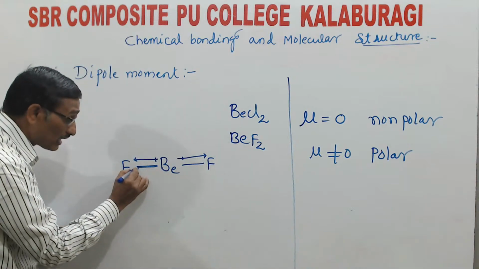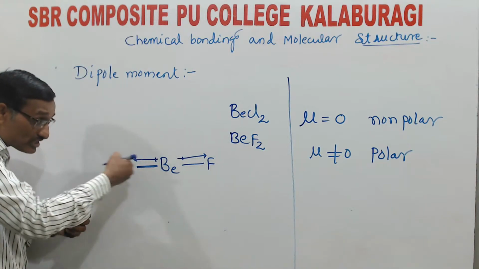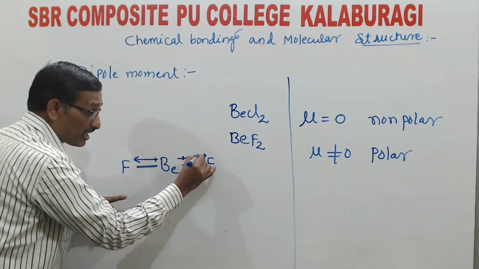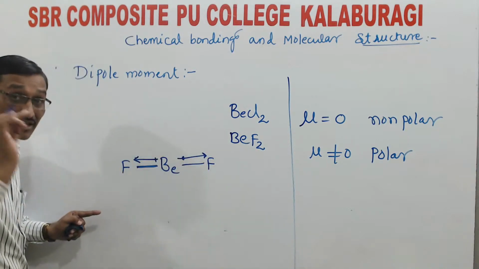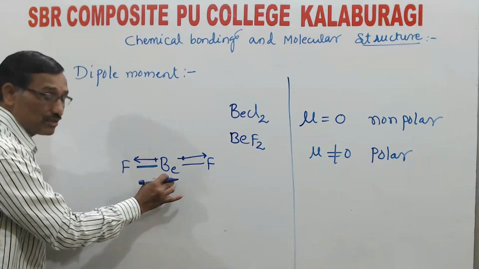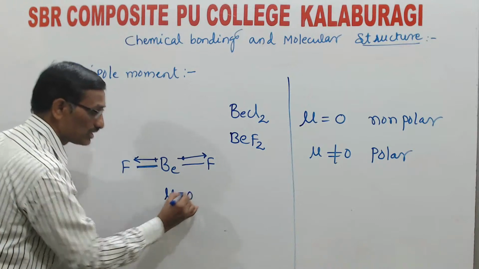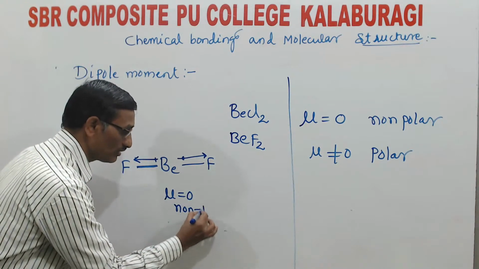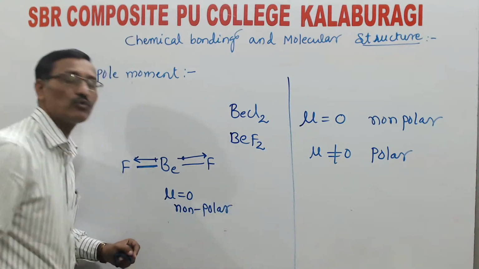But see, both these are acting in opposite directions. One more fluorine atom is acting in the opposite direction, so just see the arrow marks correctly. Because of this reason, the net resultant dipole moment, acting on the beryllium atom, is equal to 0. Therefore, it is non-polar. That one you have to see, non-polar.